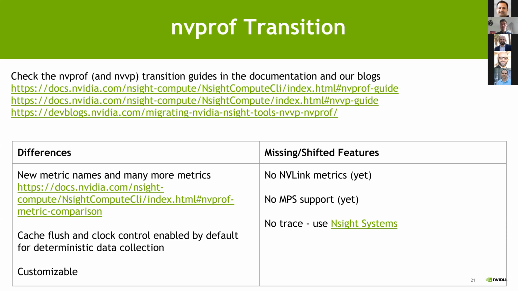But on the other hand, some things that are missing so far are, for example, NVLink metrics or MPS support. And trace is kind of missing by design because there's a new tool for that called Nsight Systems that I spoke about in the beginning, which is much better for tracing the application and for seeing the API calls or kernel calls over time.